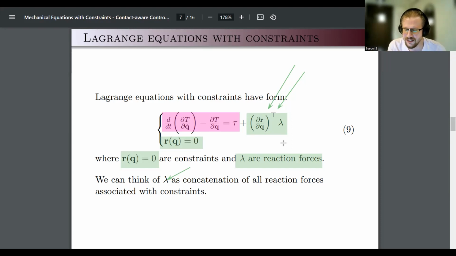So in a sense, it could also be a torque transformed to a generalized force. So don't think of it as necessarily, absolutely, for sure, a Jacobian that is associated with forces. It could be a Jacobian associated with torques. It all depends on what r is. And of course, here you have a derivative with respect to q, not q dot. That's also important.